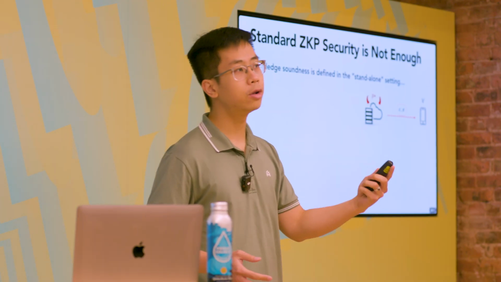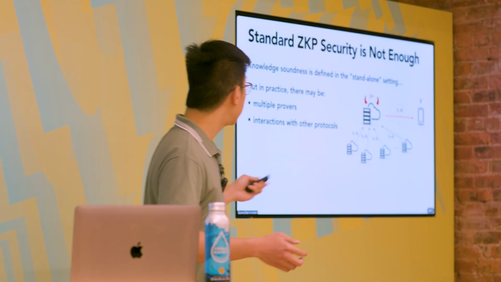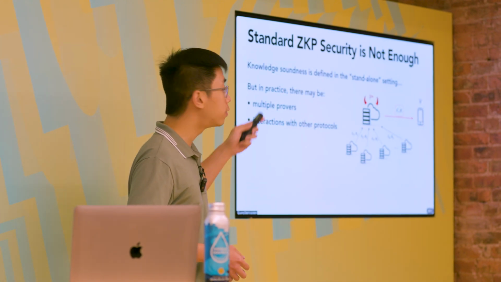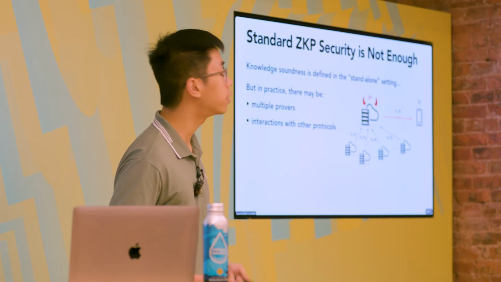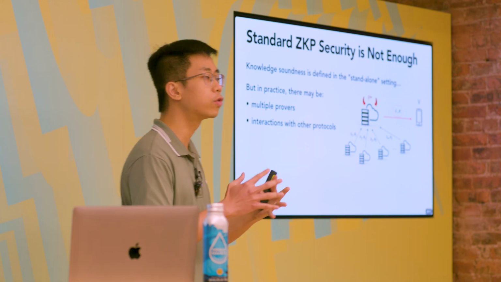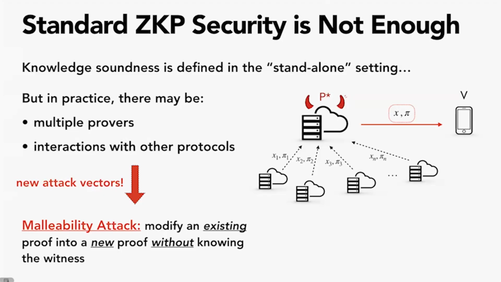You have one malicious prover that is outputting a proof. But in actuality, this malicious prover may see many other proofs from different parties. And in this context where SNARKs are deployed, we also want to guarantee security when it is composed with other protocols as well.